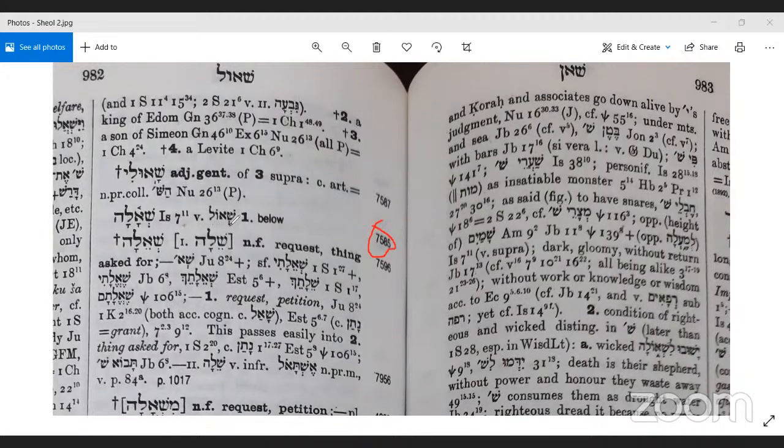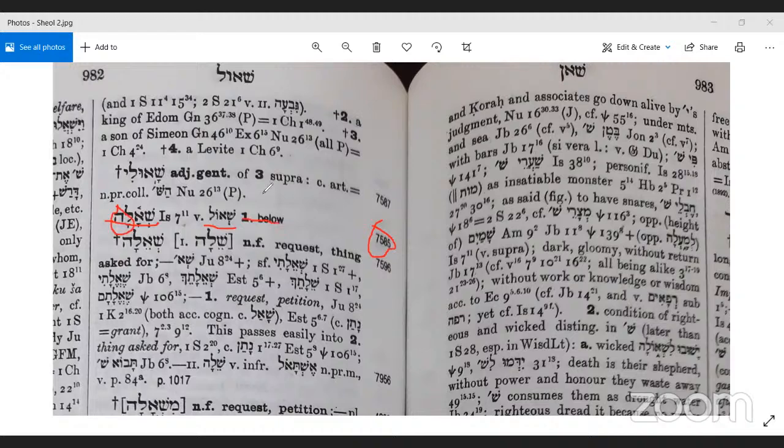Here's the word in the long spelling. And then we see another long spelling. But you see these are spelled differently, right? Now we saw this in Strong's. We did not see this one in Strong's, right? Okay, so it says one below.